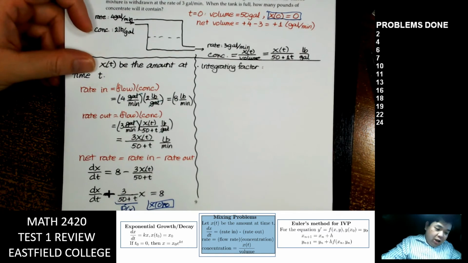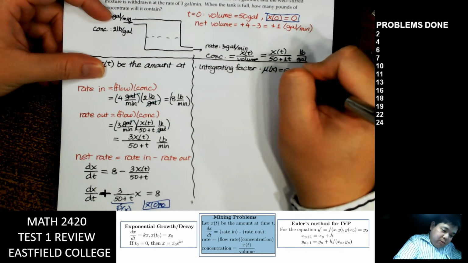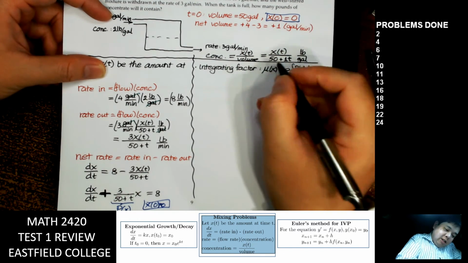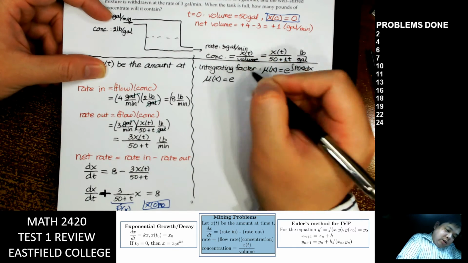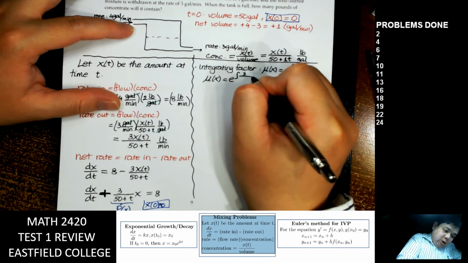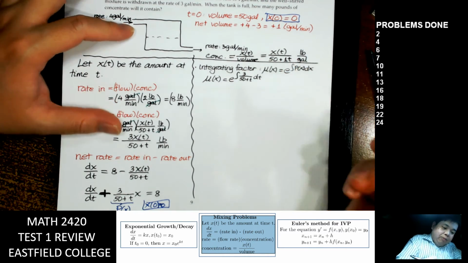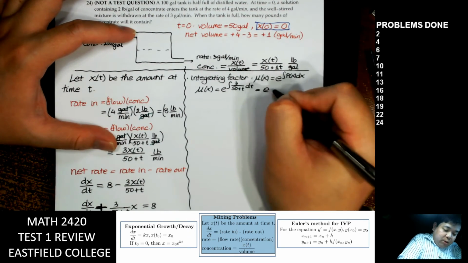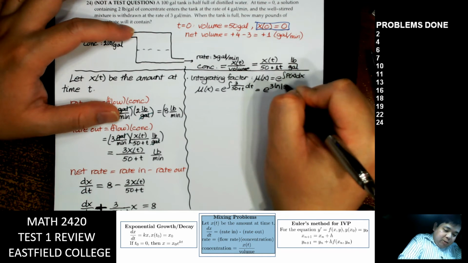Right, the integrating factor mu of x equals e to the integral of p of x dx. So mu of x equals e to the integral of 3 over 50 plus t dt. I skip a few steps in integration. This should be 3 ln of 50 plus t.